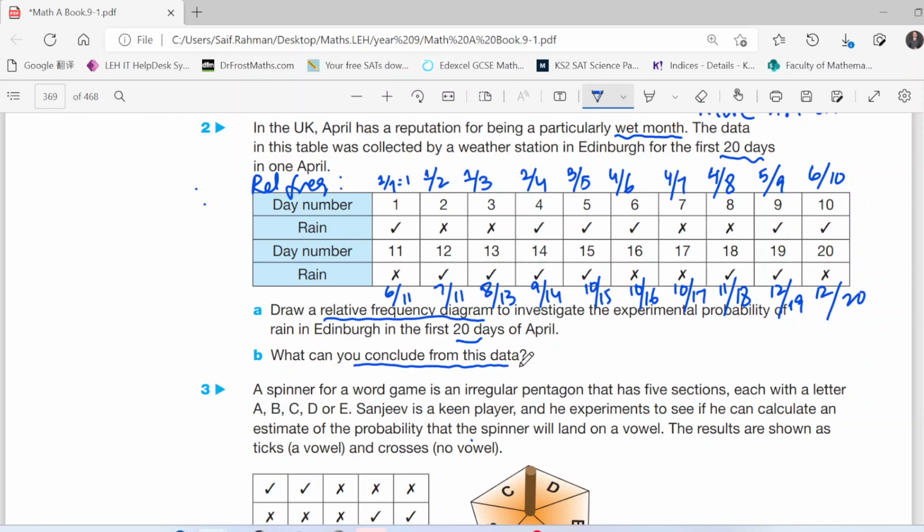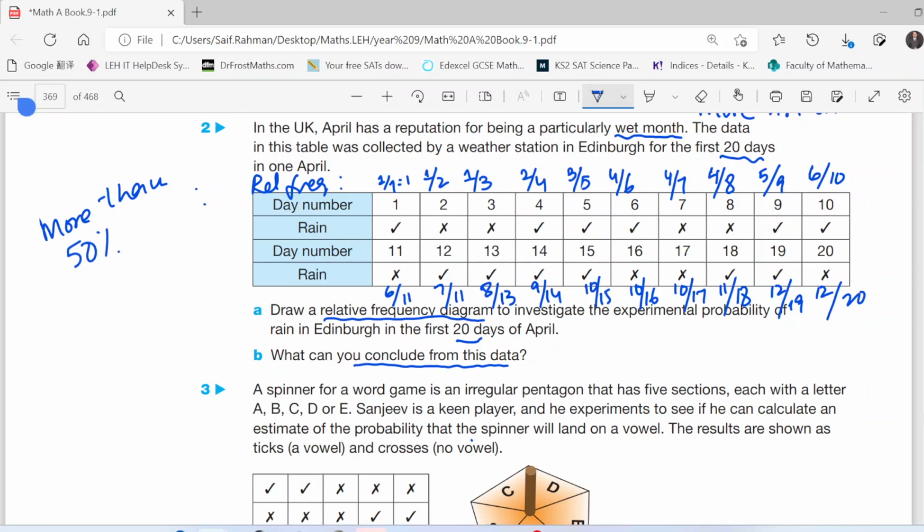And what can you conclude from this data? Out of 20 times, 12 times out of 20, there was rain. So that shows more than 50%, right?